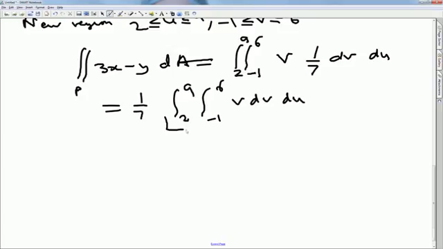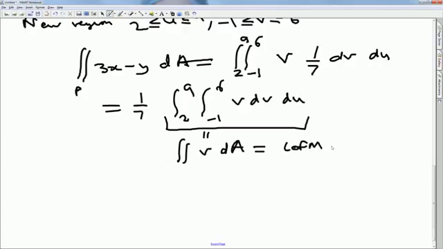Let's just look at this integral here. So this is essentially an integral of v dA. That's pretty much what it corresponds to. So this looks remarkably similar to our formulas we know for centre of mass. To work out the centre of mass, this is going to be related to the v coordinate of the centre of mass.